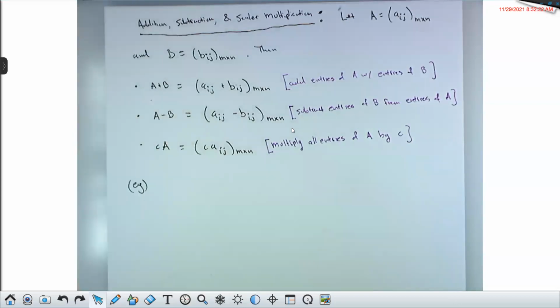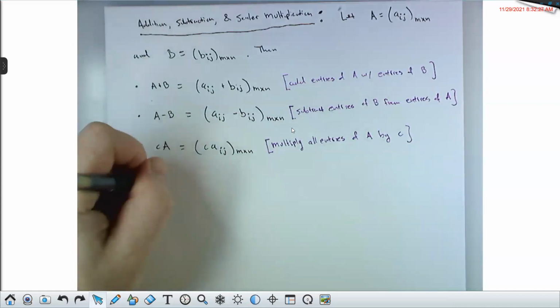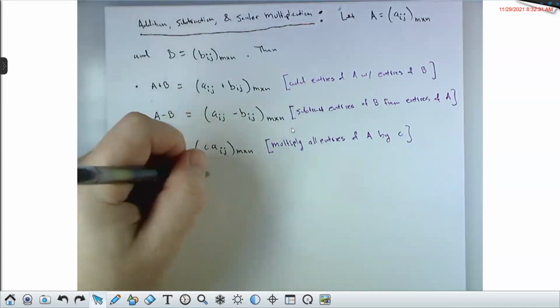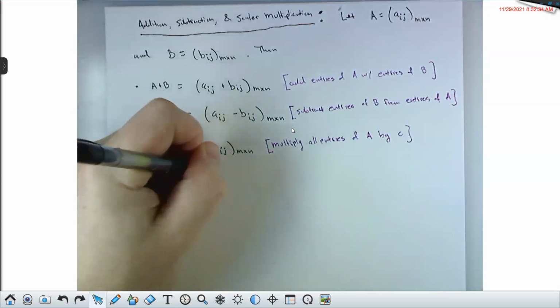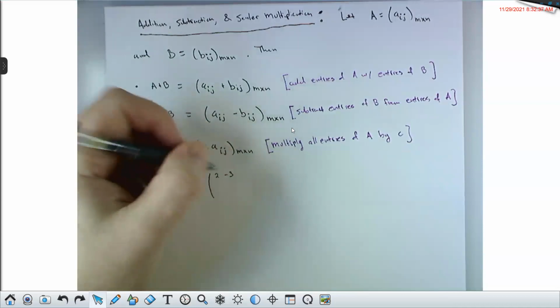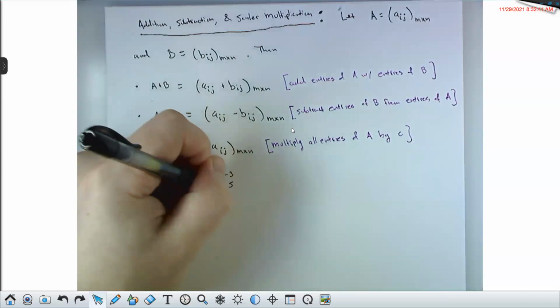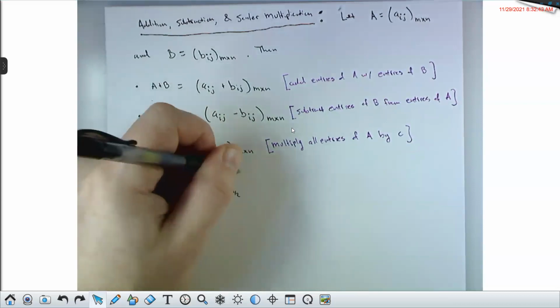So I'm going to give us some specific matrices here, and we're going to do some computation. Let's let A be the matrix with rows 2, -3; 0, 5; 7, -1/2.